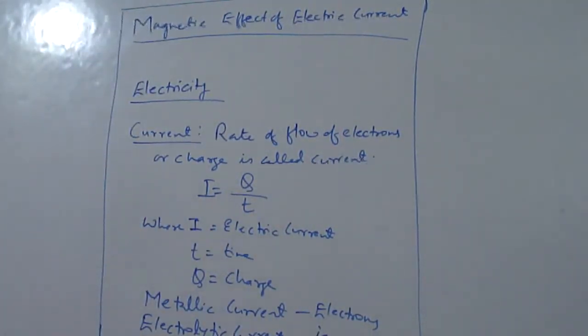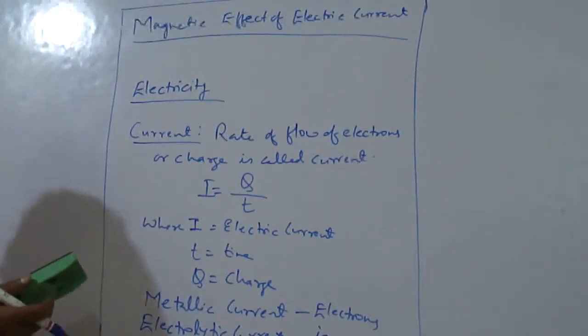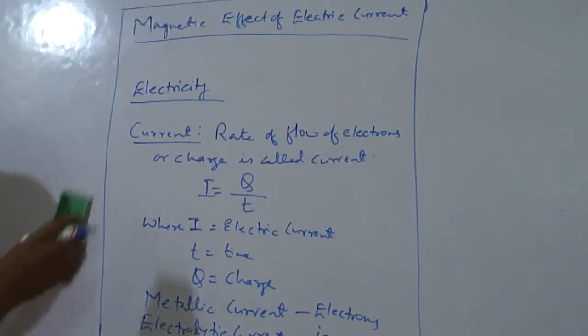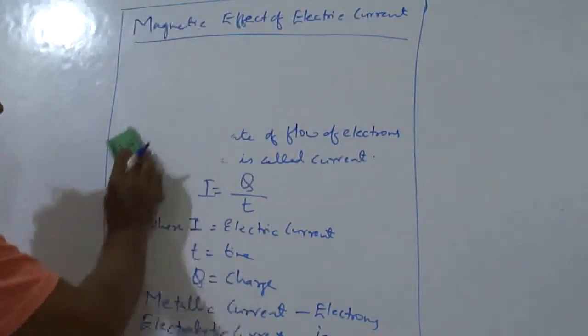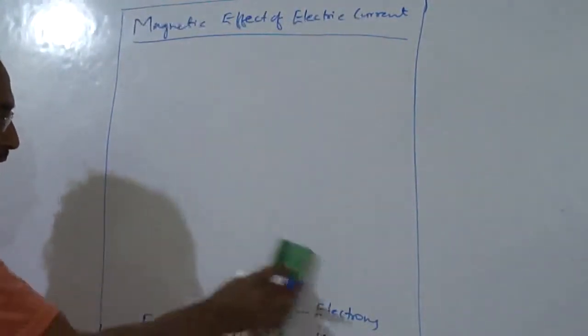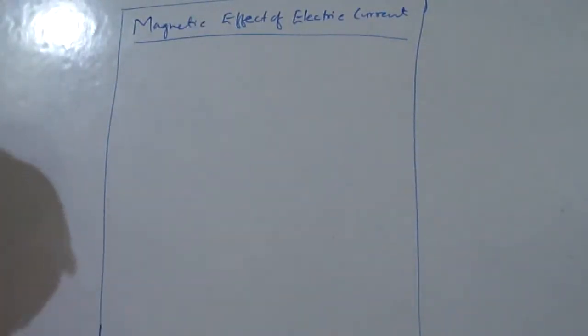This you have already written when we discussed electricity. Just for your reference and knowledge, we have revised this particular part. So we already know what an electric current actually is.